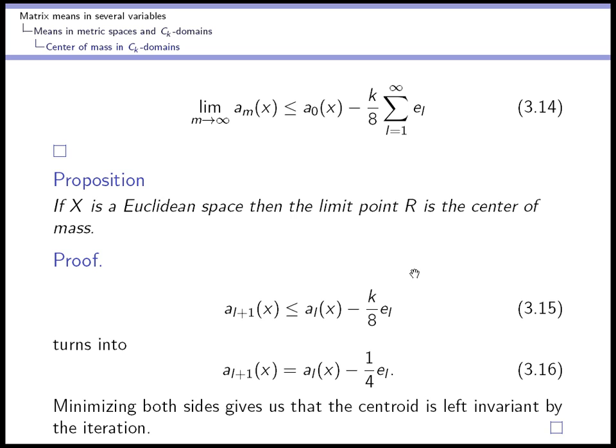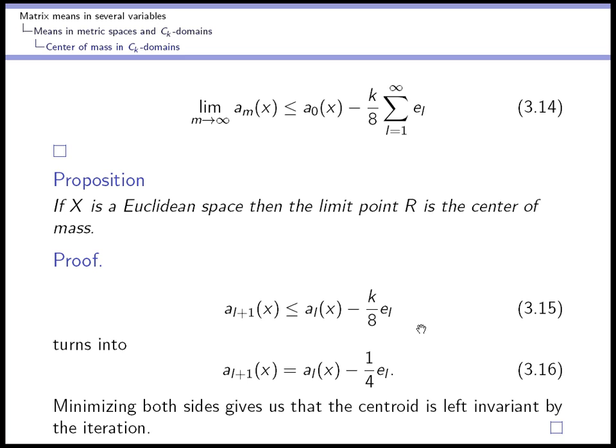If we have a Euclidean space, then this inequality is based on the CK domain inequality, which is a natural generalization of non-positive curvature, defined by the semi-parallelogram law. But in the case k equals 2, and in the case of Euclidean space, this inequality becomes an equality. That is just the parallelogram law for the Euclidean space.